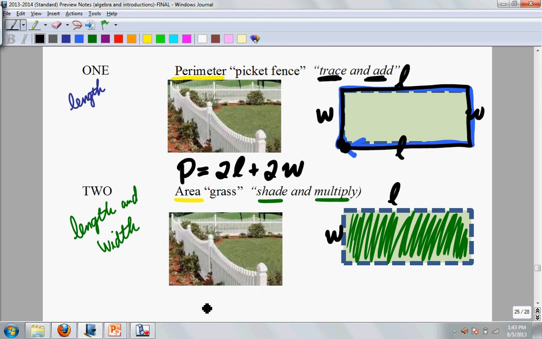So we write the equation. Area equals, for a rectangle, length times the width. So perimeter is going to be like a picket fence of a yard, the fence around the yard, versus area is the grass of the yard. That gives you a visualization.